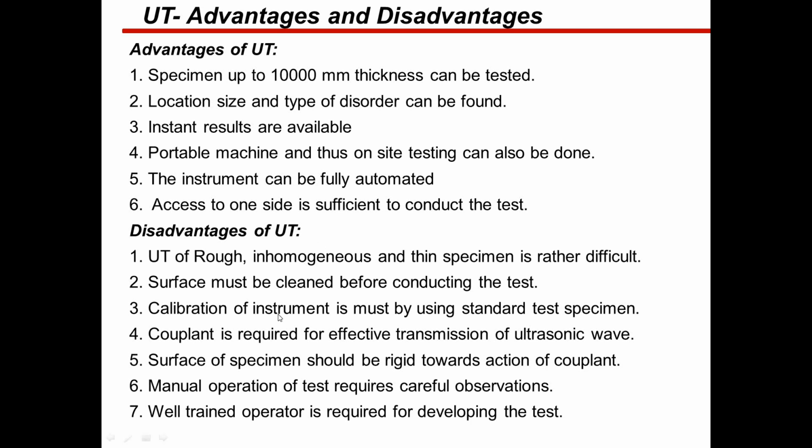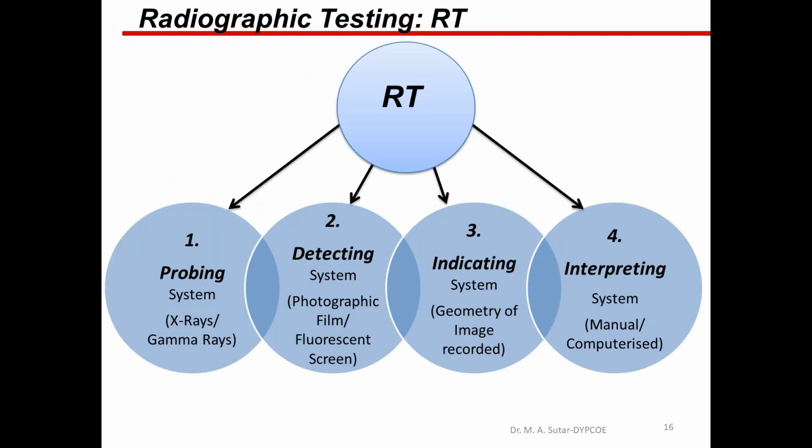A disadvantage is that generally it is used on a finished surface. On an irregular geometrical surface or rough surface, it is difficult to conduct the test. These are some of the advantages and disadvantages that you can go through.